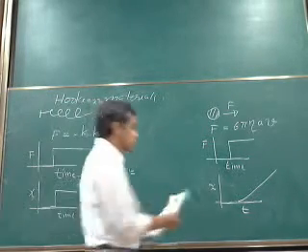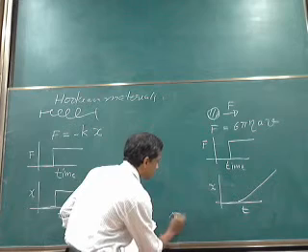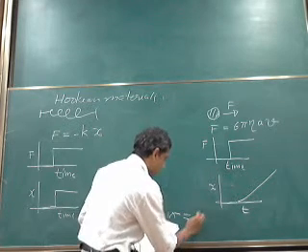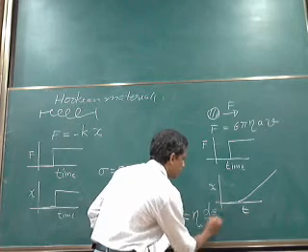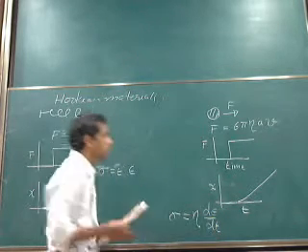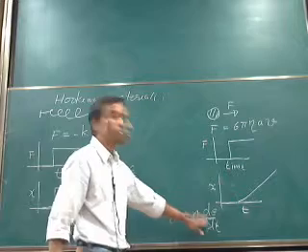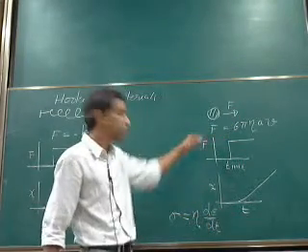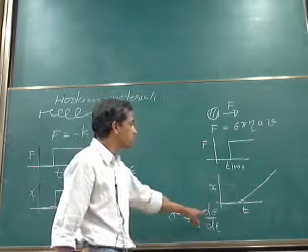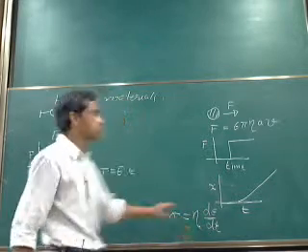Similarly here, this would read as sigma = eta times the strain rate, where eta is the viscosity. Here the force which it experiences depends on the velocity. The faster the particle is moving, the greater is the viscous drag. So here the stress depends on the strain rate, not on strain.